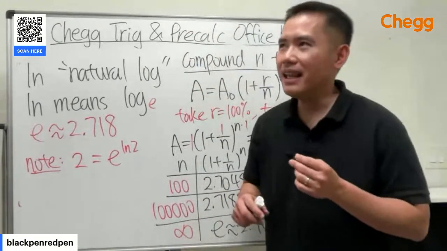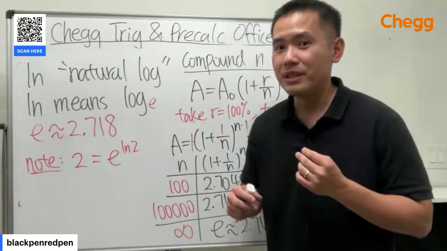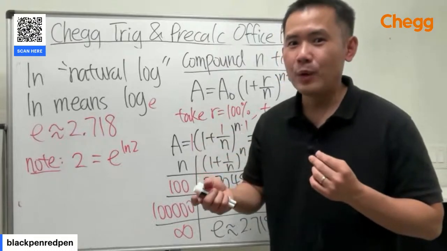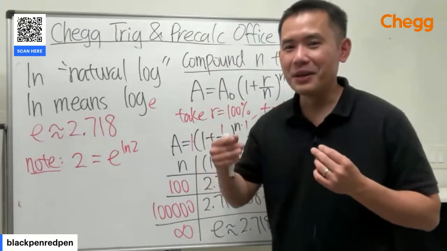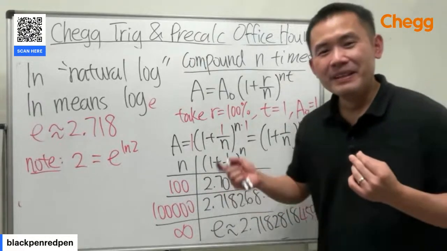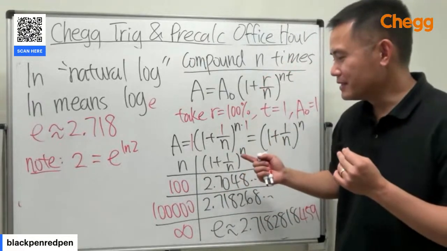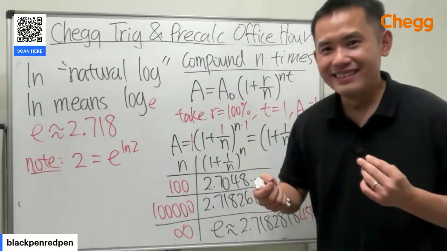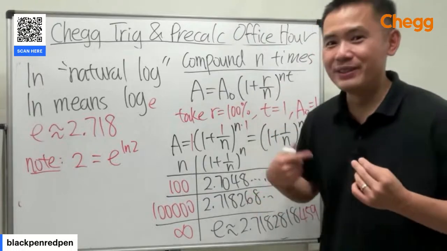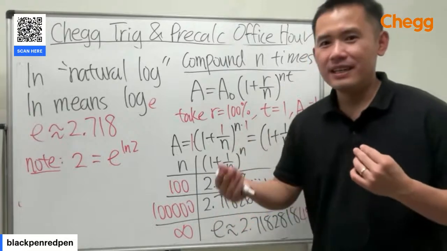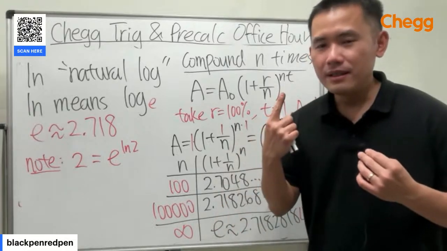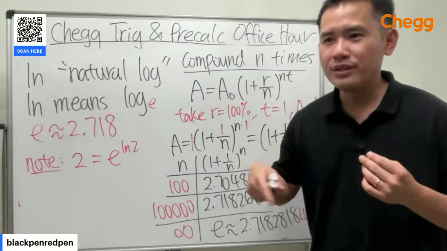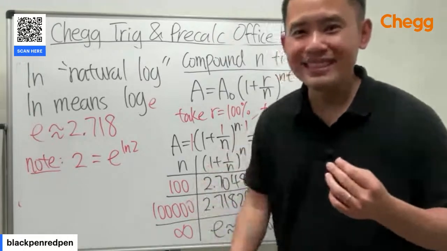Blinking is not as often as we breathe, though, because when we sleep, we don't blink, right? But when we sleep, we still have to breathe. So that's continuous. So imagine if you just compound something the moment you breathe. So that's almost like continuous. I don't have to blink for like 10 seconds, but I have to breathe rather continuously.